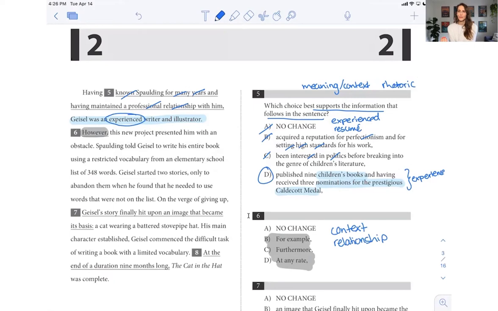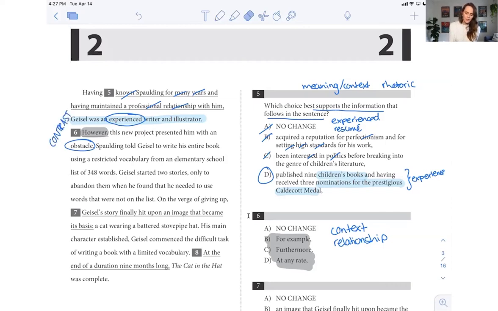If I don't know the relationship between the information that came before and after, I really cannot pick the right transition. So before that, we have having published 9 children's books and having received 3 nominations for the prestigious Caldecott Medal. This new project presented him with an obstacle. Ooh, obstacle. We just talked about he's so experienced and now there's an obstacle. So I immediately see there's a contrast.